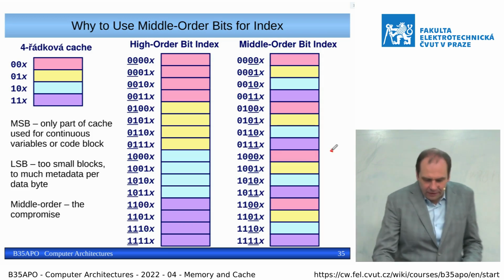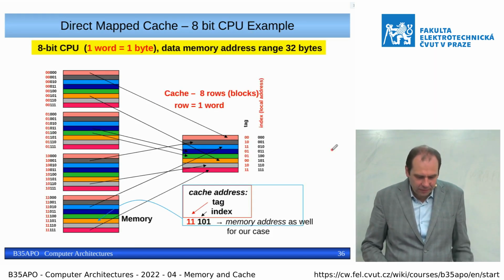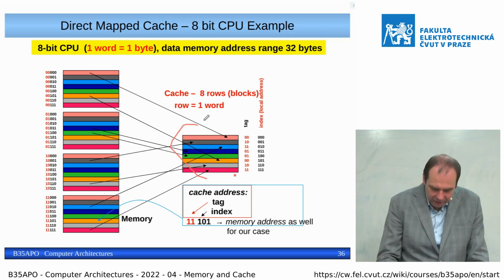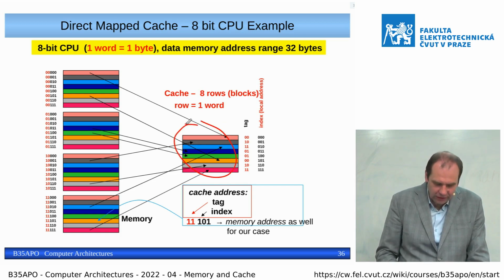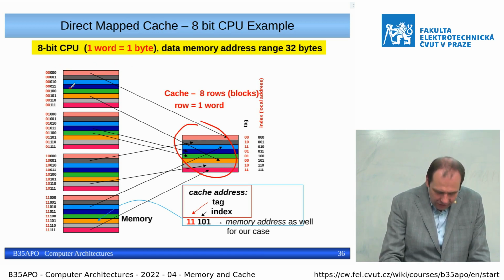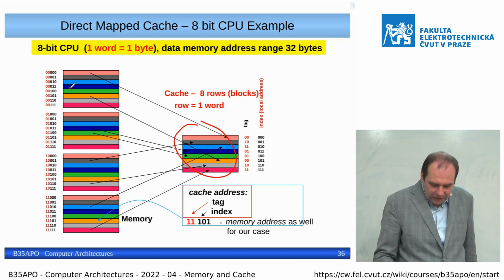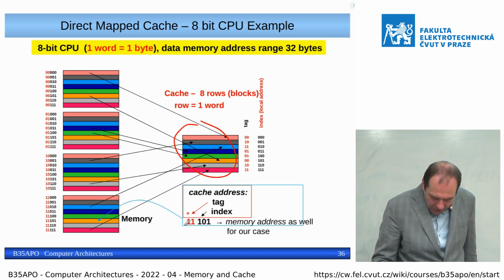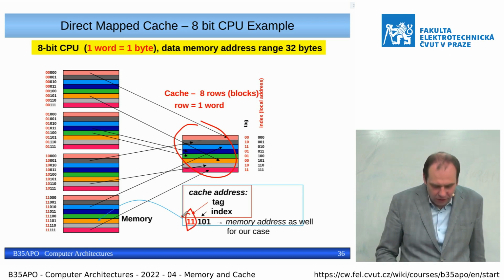And okay, then there will be a better, more colored picture. So basically, we have 8 locations in the cache. Then you can see the actual addresses, and you see that to know which data are in the given row, it is enough to keep the tag, which is only 2 bits in this case.